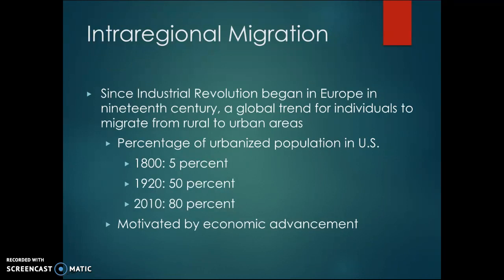Here we have intra-regional migration. This is going to be a great example in the Industrial Revolution. When that began in Europe, you're going to see more trends of this in the United States, of people moving from rural areas into urban areas. You can't get up in the morning, start work at 8, and hop in a car in 1800.